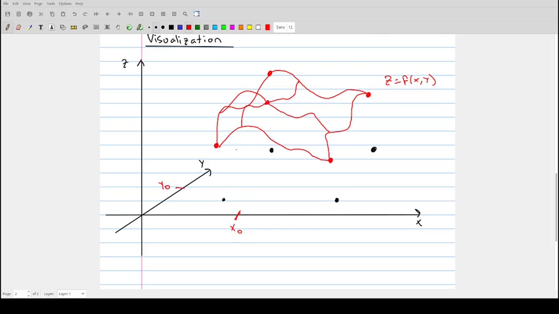They intersect right here at this point. This is our point r naught, which is x naught, y naught, and it maps up to this z value, where z naught is equal to the value of the function at x naught, y naught.